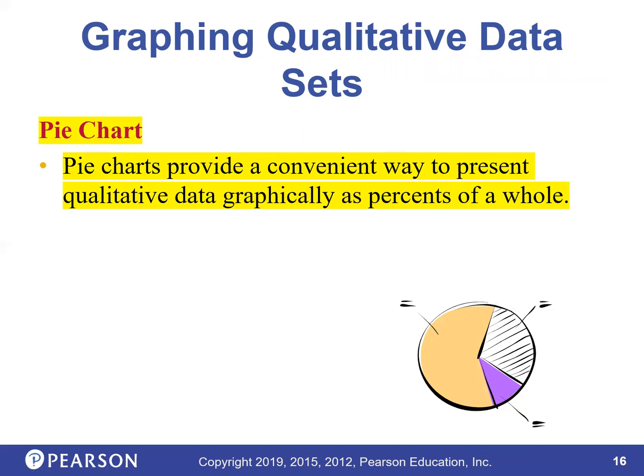In fact, there's a lot of calculation that goes into it, even though they look very nice. I have to do some work on the front end. So a pie chart provides a convenient way, and it's used a lot. Pie charts are all over the place. It is to present qualitative data graphically as a piece of a whole, a portion of a whole.